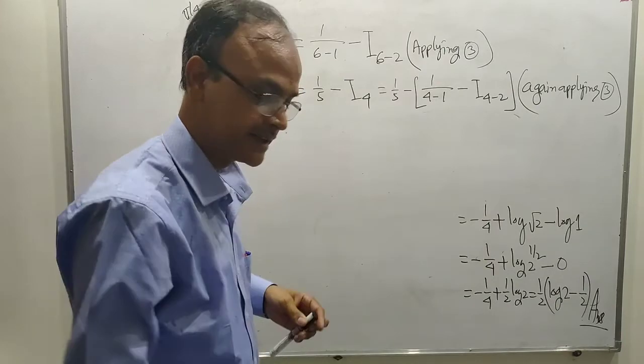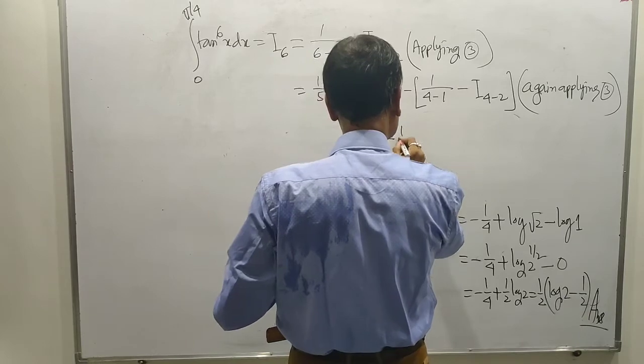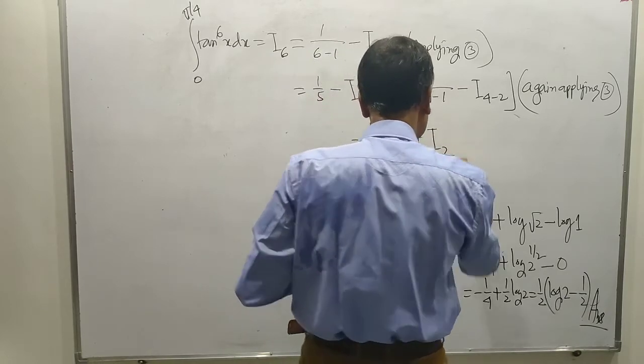Again applying 3, you will get this. This is equal to 1 by 5 minus 1 by 3 plus I2.